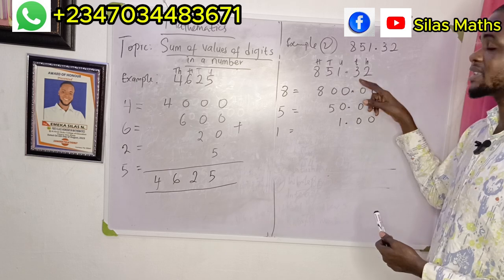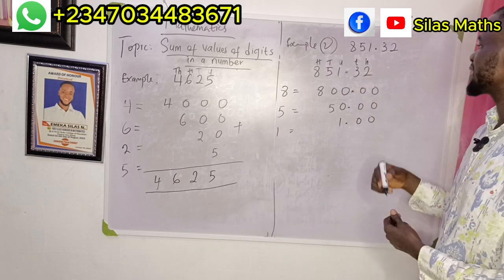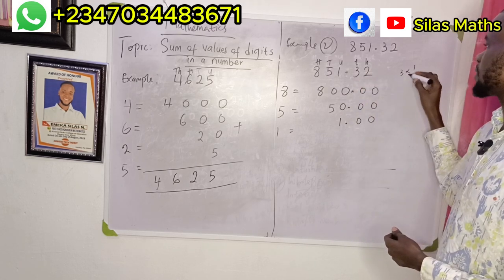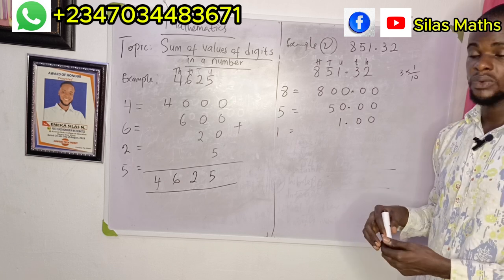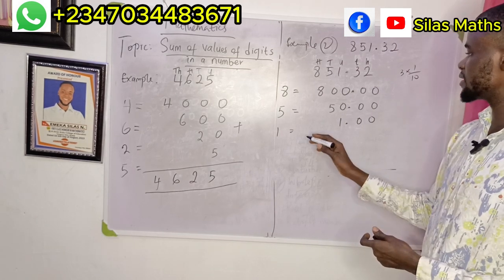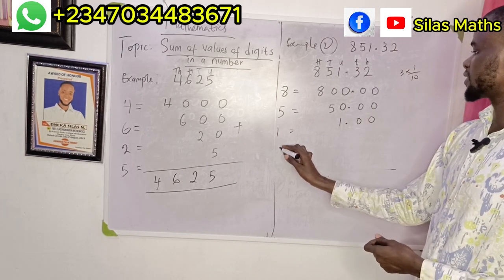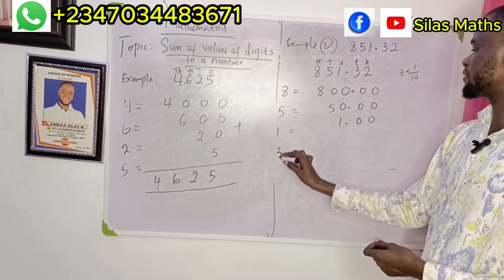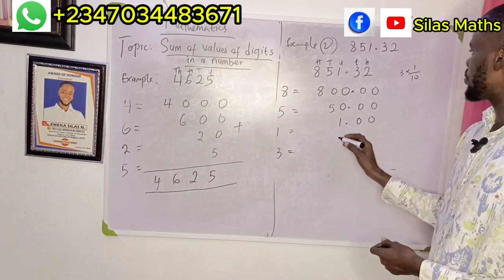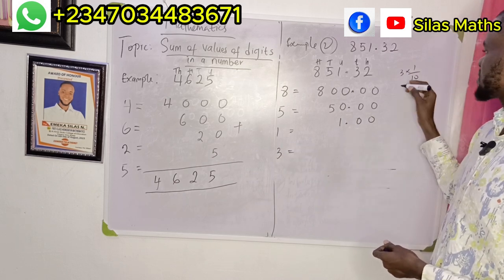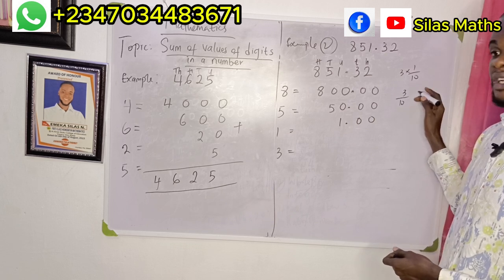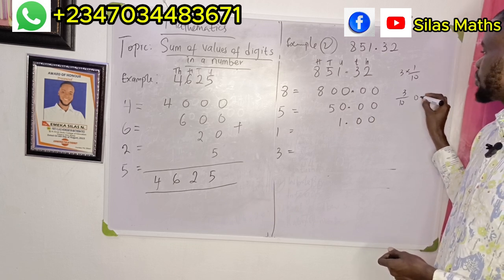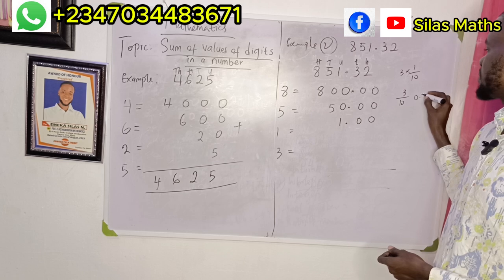Then we'll come over to the 3 tenths. And 3 tenths is 3 times 1 over 10. Remember what we said about tenths, 1 over 10. This times this is going to give us 3 over 10, and 3 over 10 is 0.3.